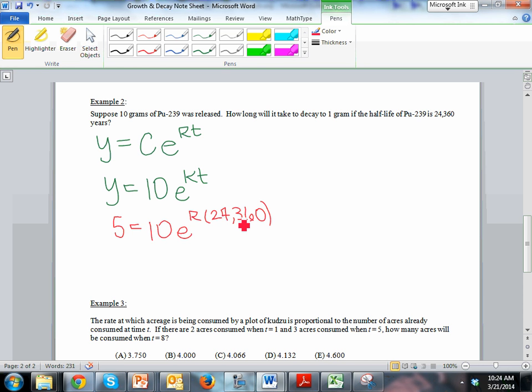I want you to notice something. When I divide over the 10, I have 1/2 equals this. Do you think that's a coincidence? No, it is not. Go ahead and solve for K for me, please.